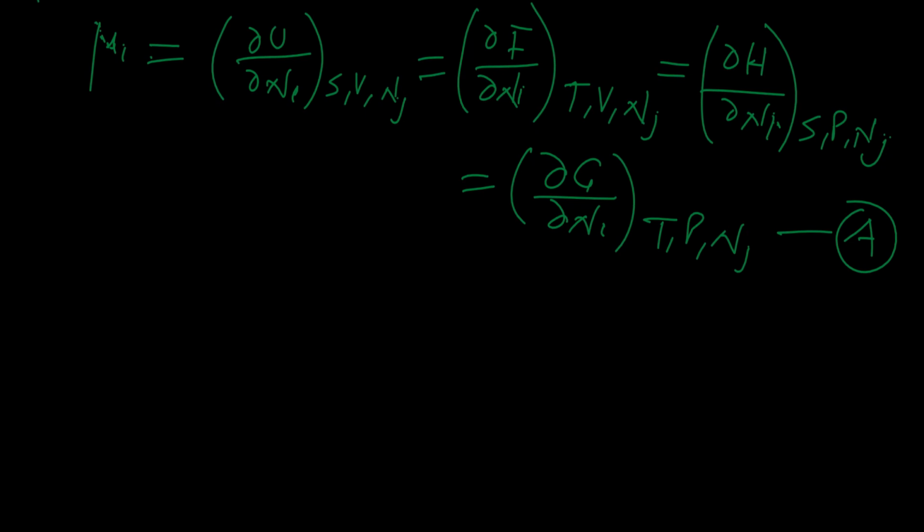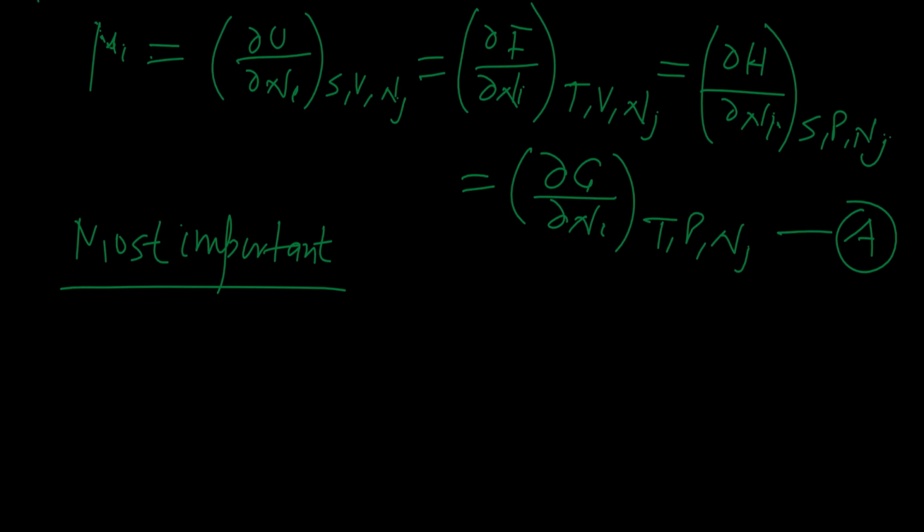So, the most important result or definition is in terms of Gibbs potential. Most important. In fact, this definition will have a wide range of applications which we will see in forthcoming lectures.